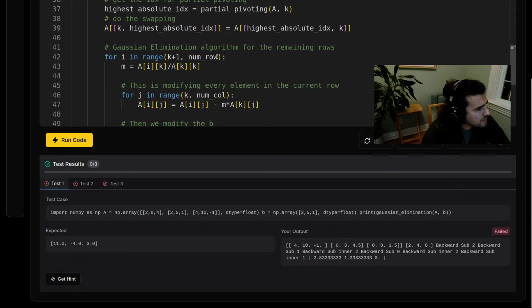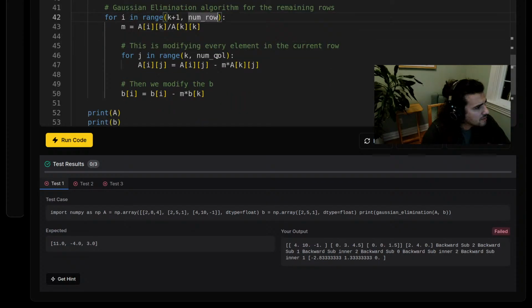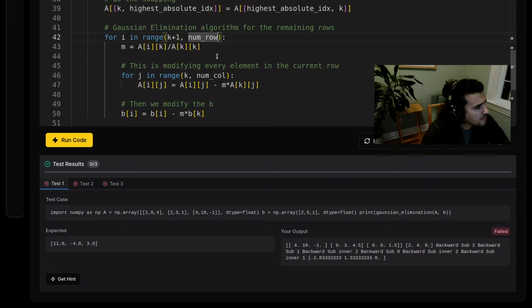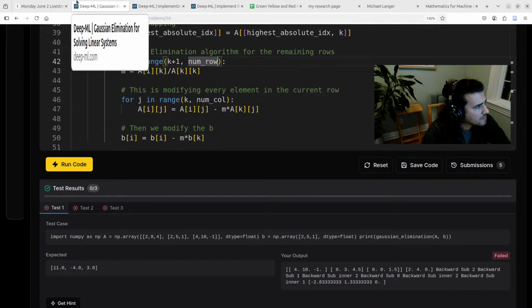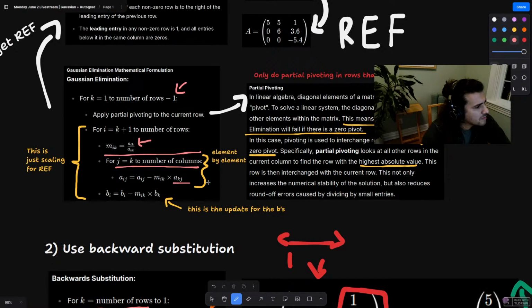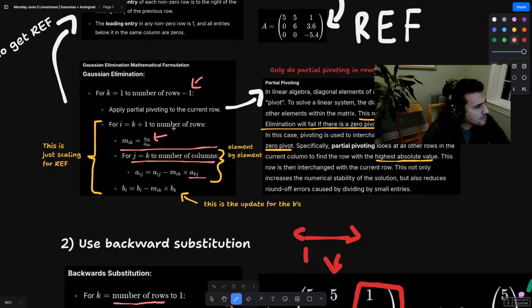And on this front, because we're not even gonna go there. This is fine. Then we do get k plus 1 to number of rows.